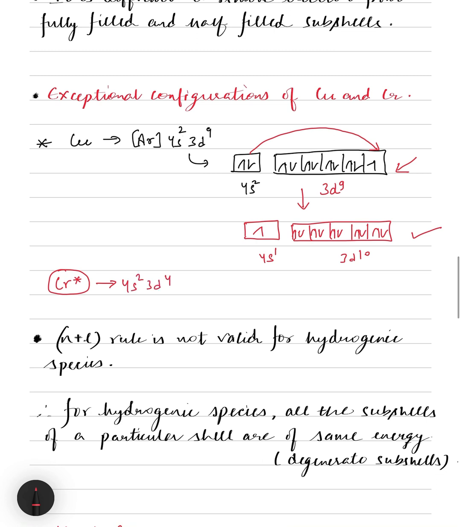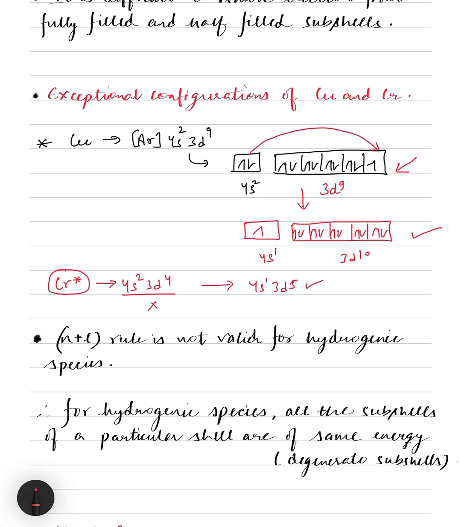This is what it should be, but actually it is 4s1 3d5. This is the correct configuration. Why is it so? Try to do it in the similar way and solve it in your own way. I have explained it in the case of copper; in a similar fashion, chromium can also be done.